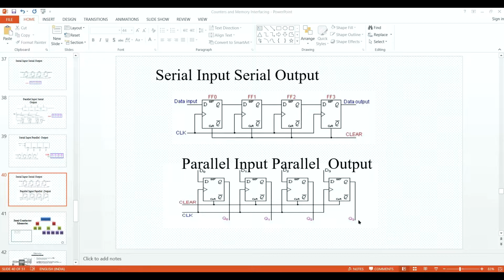So parallel input, parallel output is a fast mode of operation as compared to serial input, serial output. And if you use LAN to transfer data, you might write in the comment box how many of you use this mode of operation for the transfer of data using LAN.